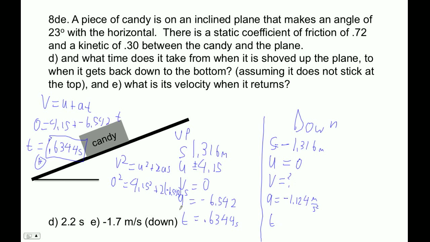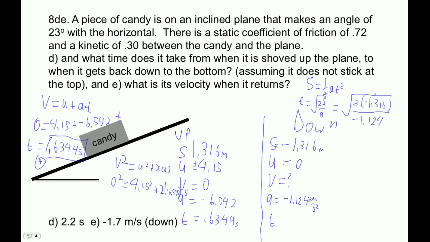And the total time will be the sum of these two times. So how are we going to figure that out? I could use s is 1/2 at squared to find the time. So t is going to be the square root of 2s over a. So it's 2 times negative 1.316 over negative 1.124.